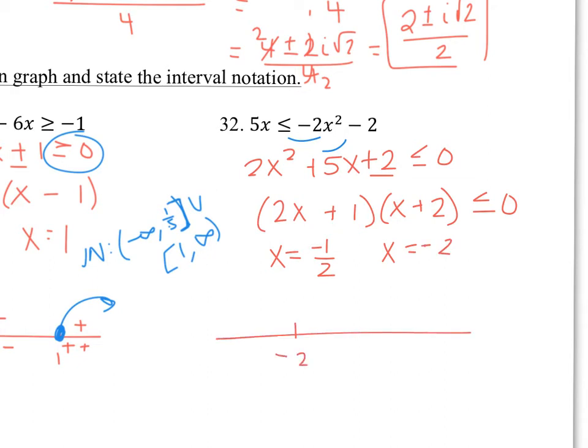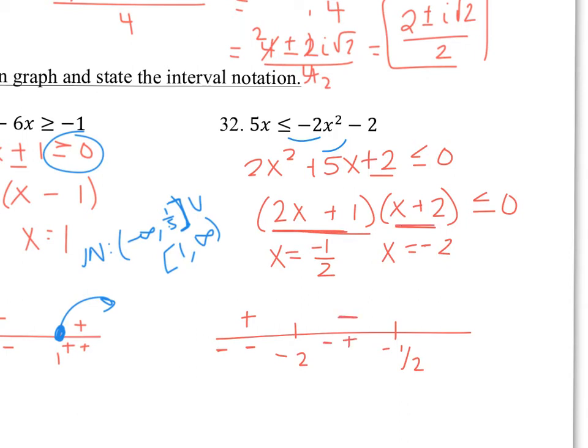So negative 2, negative 1/2. Now I'm going to test my values. If I plug in negative 4, that's going to be negative, and that's going to be negative, so positive. But somewhere between negative 2 and negative 1/2, how about negative 1? This will be negative, and this will be positive, which will make negative.